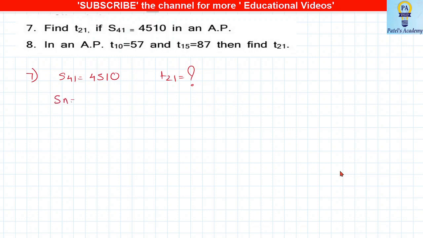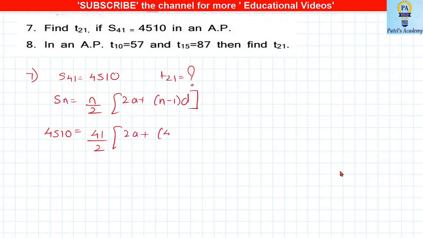So Sn equals n upon 2 into (2a plus (n minus 1)d). Sn is 4510, that is 41 upon 2, that is S41, so n is 41. 2a plus (41 minus 1)d.